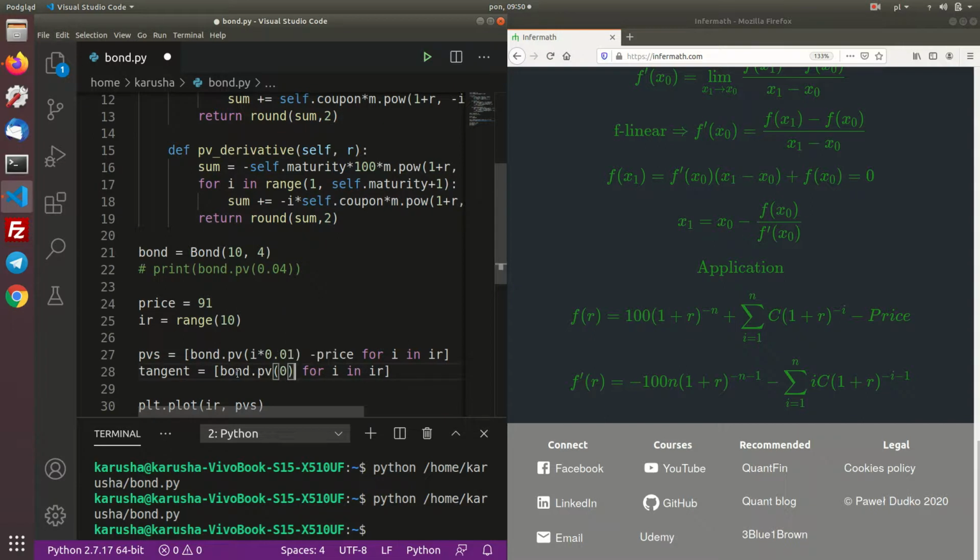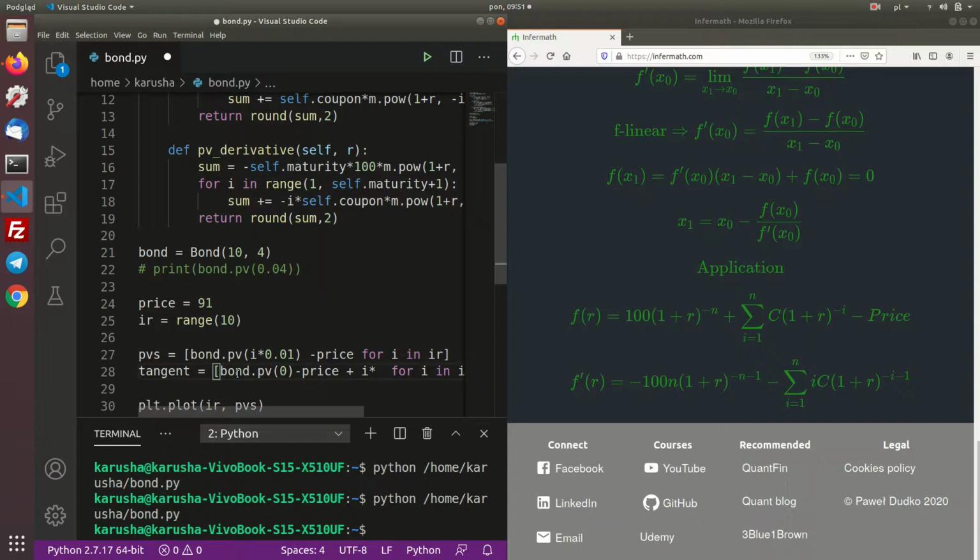Now minus price, of course. We also need to adjust for the price. Then for each of these interest rates, we will increment by the same amount, because it's going to be a linear function. So what is going to be this amount? Well, this will be exactly the derivative of our function.